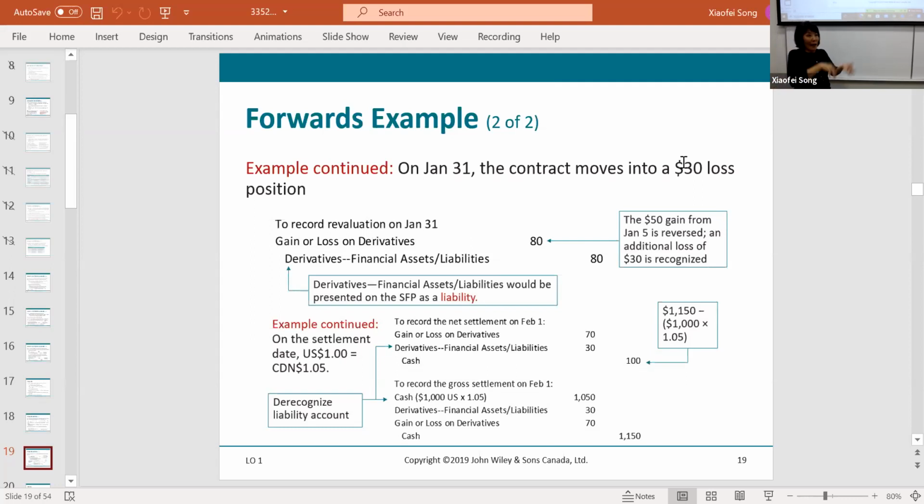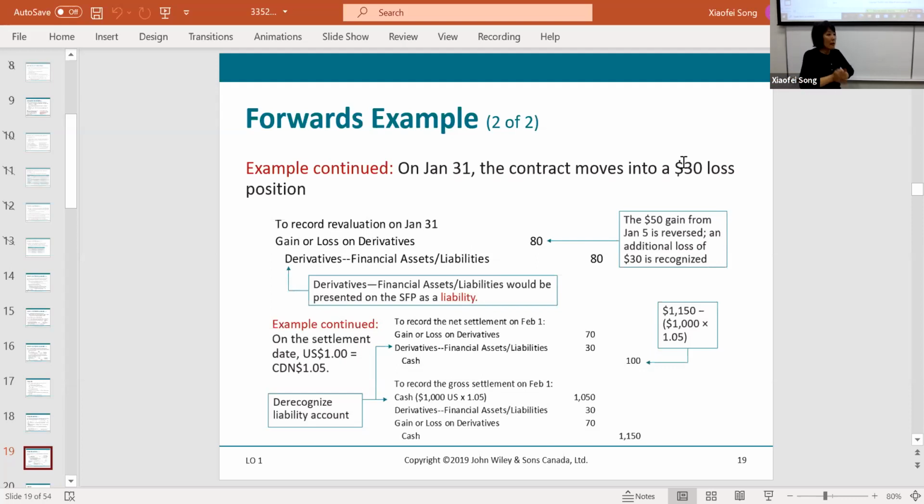And one person's gain is another person's loss, right? So if there is a $30 value for the bank, that value comes from company A. So that's why the company has a loss position. In other words, on company A's balance sheet, it will have a liability of $30.